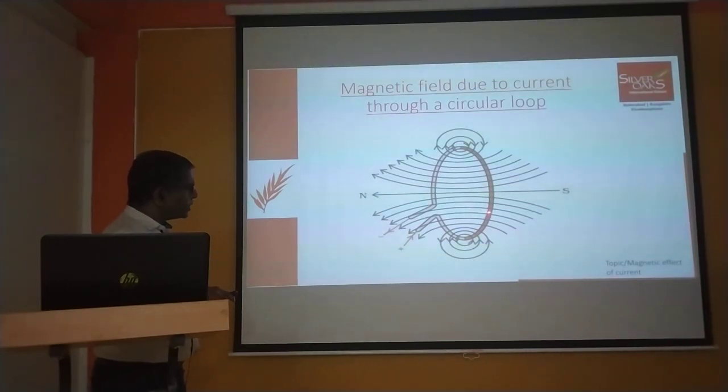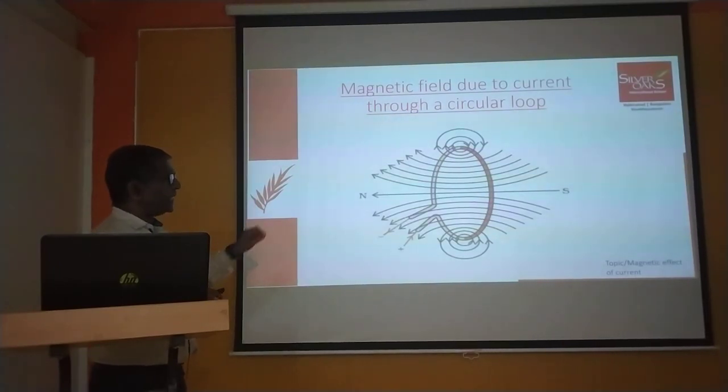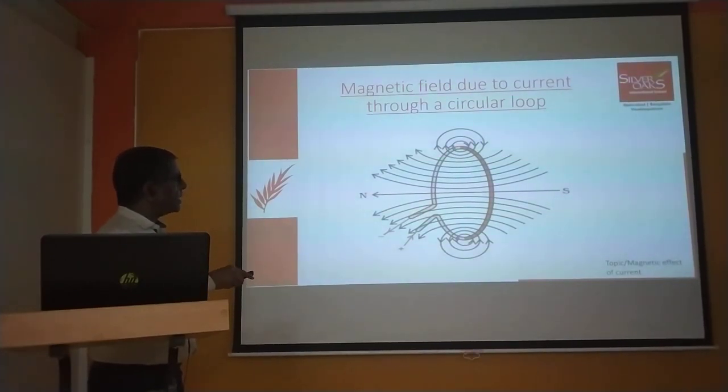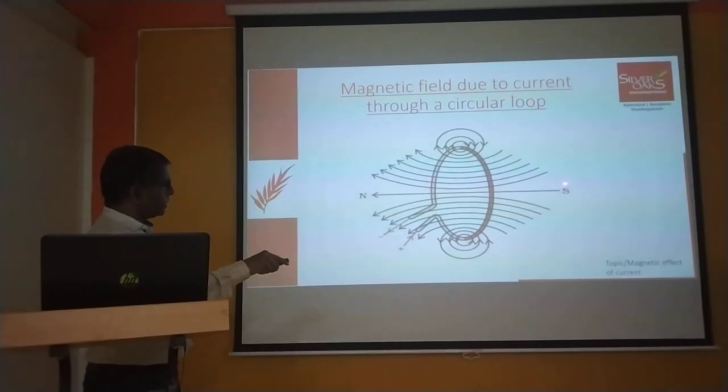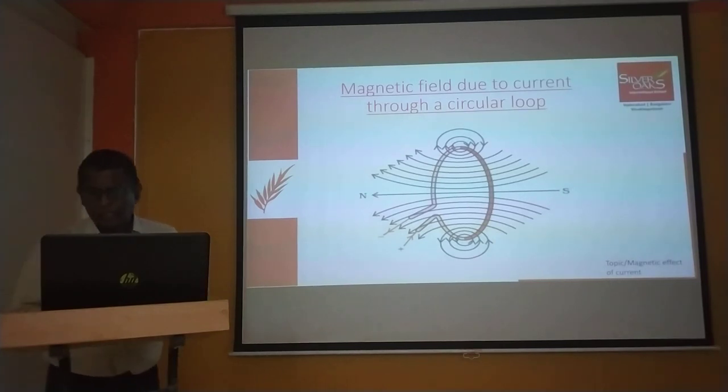And secondly, each part of the circular wire will contribute inside the wire in the same way. So the magnetic field lines, because of a circular wire, will look something like this. So it will start from the south and north. So inside the magnetic field lines are like a bar magnet. So this is what we are going to see by the activity.